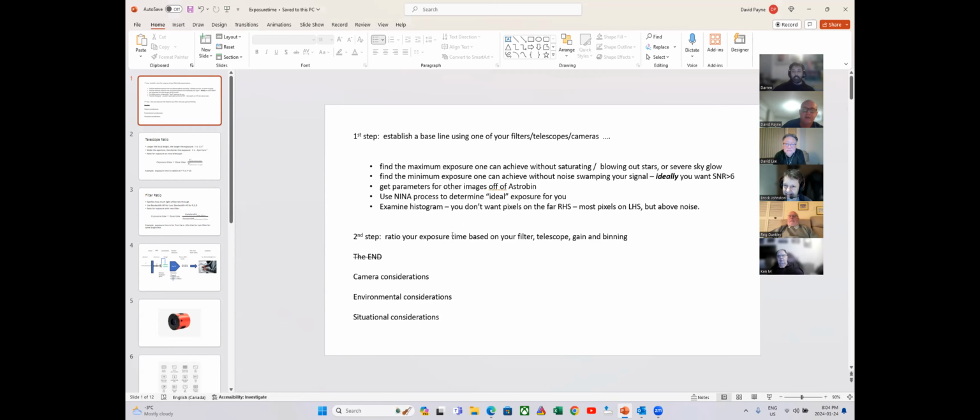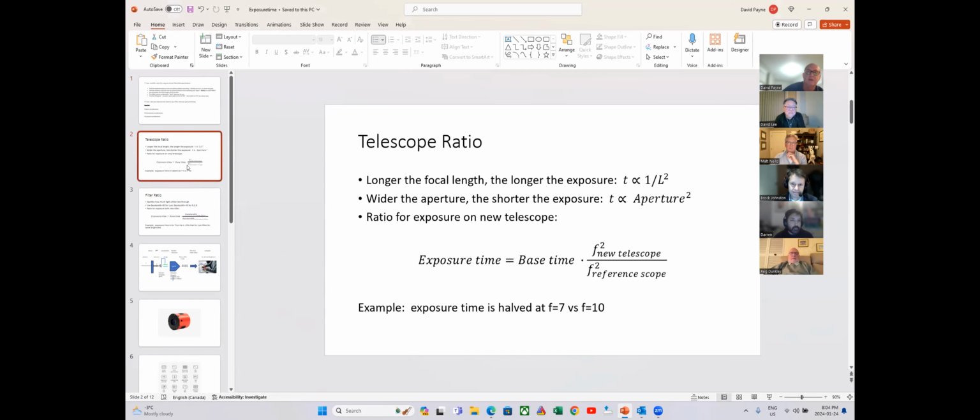Yeah. So of course there's camera considerations, and I'm going to talk a little bit about that, environmental considerations, and some situational considerations.